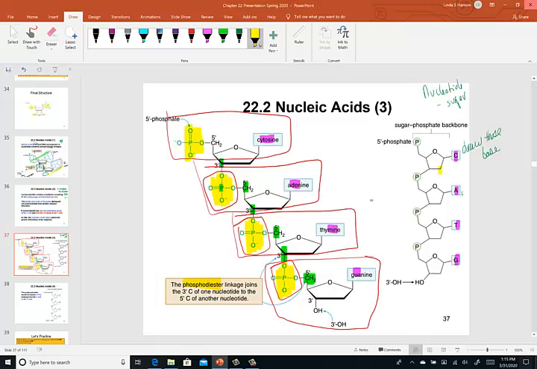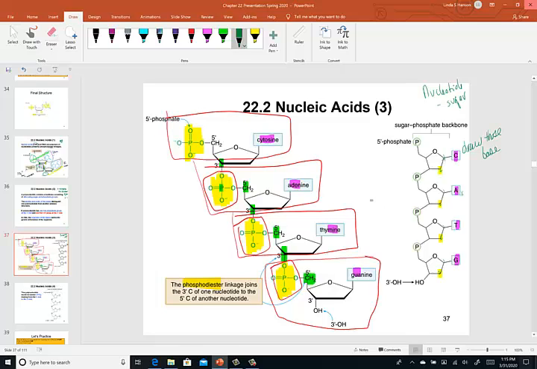To distinguish between ribose and deoxyribose, I look at carbon number 2. Remember the anomeric carbon is carbon 1. Carbon 1 is attached to the base, but it's carbon 2 that would have the absence or presence of a hydroxyl group to indicate if we're in DNA or RNA.